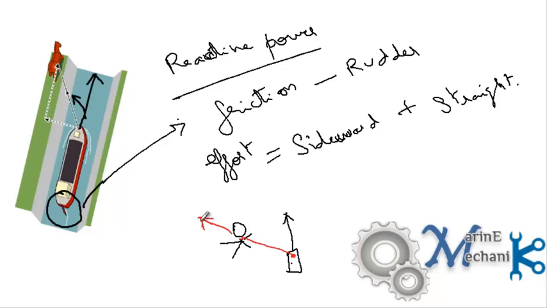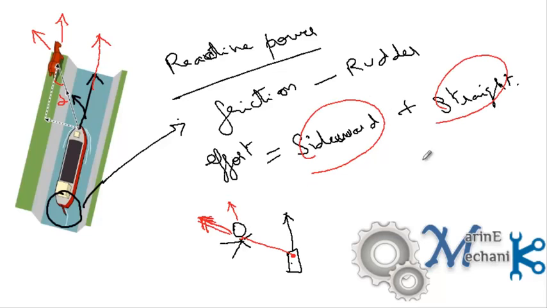You're not moving straight, so your effort is wasted in this direction. Similarly, the horse, in order to move the boat straight through an angle, alpha or phi, whatever you call, applies some effort this way and also this way. So the full effort is divided into sidewards movement like this and the straight movement.